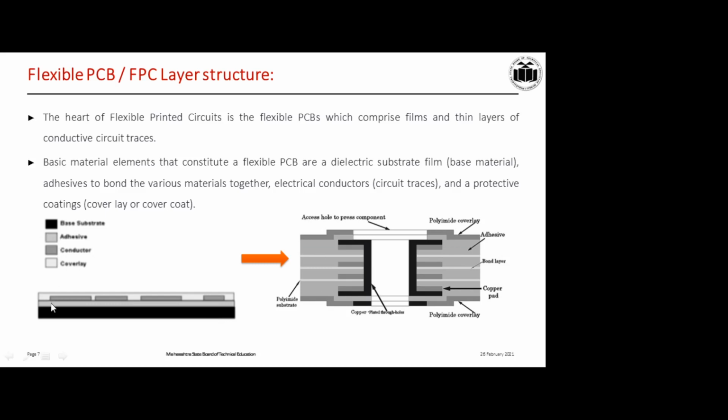Over this dielectric substrate film, the second layer is the adhesive. These adhesives are used to bond the various materials together. After this adhesive, the third layer is made up of an electrical conductor. On this electrical conductor, we have circuit traces. And the fourth layer is a protective coating. So this is the structure of the FPC boards.